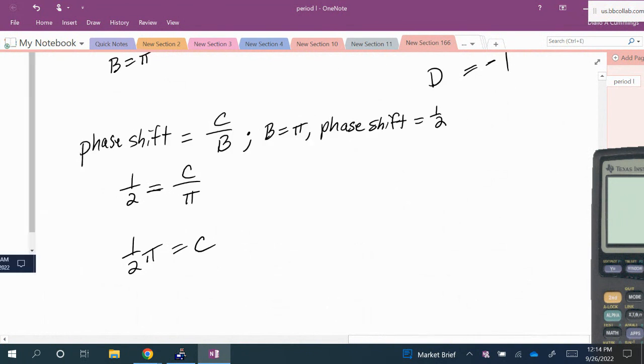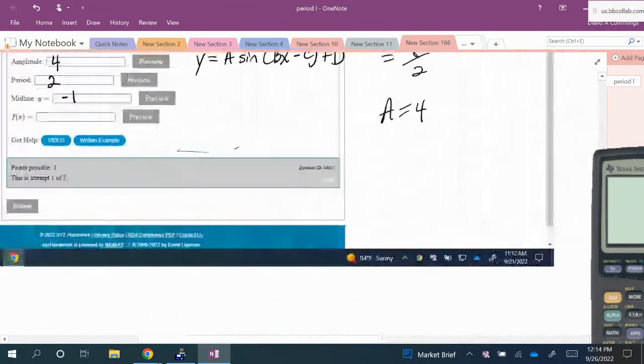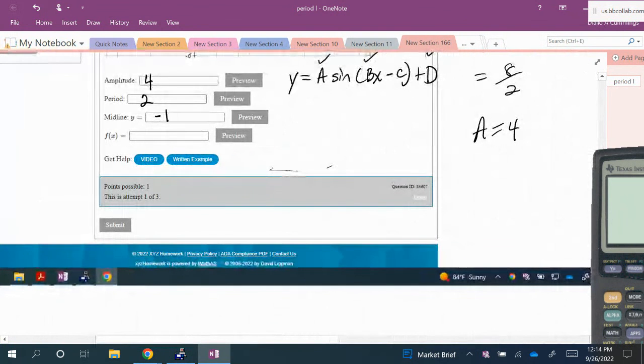So now we can write out our formula. So we're going to write this out as f of x is equal to 4 times the sine of pi times x minus 1/2 pi. So now keep in mind that this minus comes from our formula.